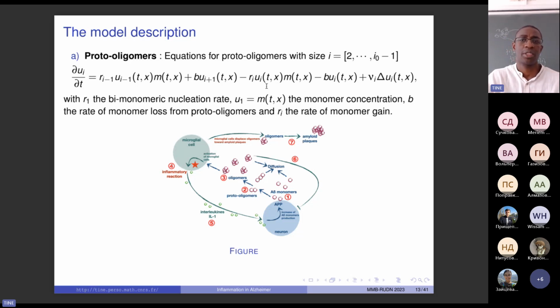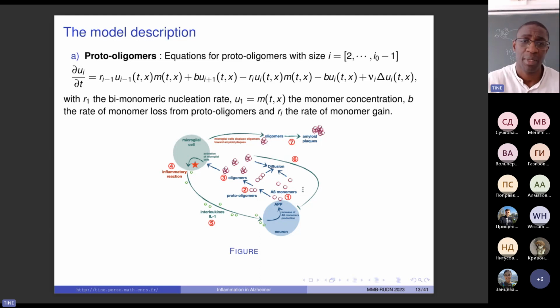This is a loss term, and this is another loss term. And this is the diffusion term, since we allow the proto-oligomers to diffuse. This is the first equation, the dynamic of proto-oligomers.